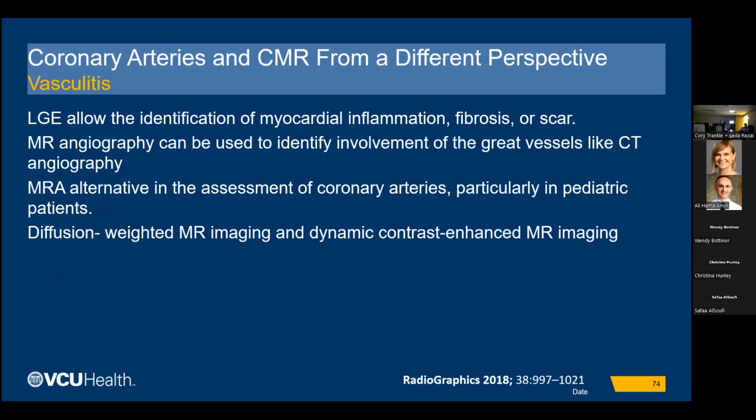Well, obviously, delayed gadolinium can help with inflammation, fibrosis, scar, and with MR angiography, we can have a general look at the vessels. It's very important to determine what size vessel is involved, because there is a variation from one type of vasculitis to the other in what vessel size is involved.